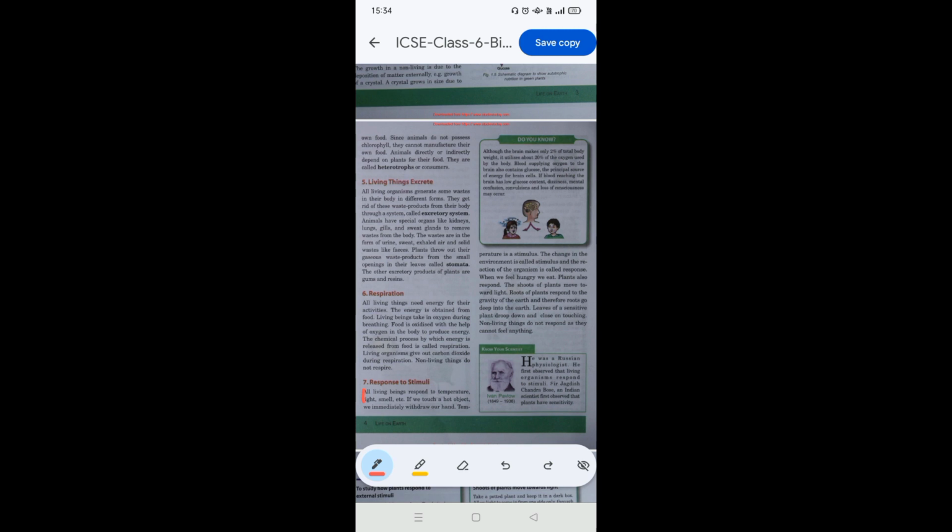All living beings respond to temperature, light, smell, etc. If we touch a hot object, we immediately withdraw our hand. Temperature is a stimulus over here. The change in the environment is called the stimulus, and the reaction of the organism is called response.